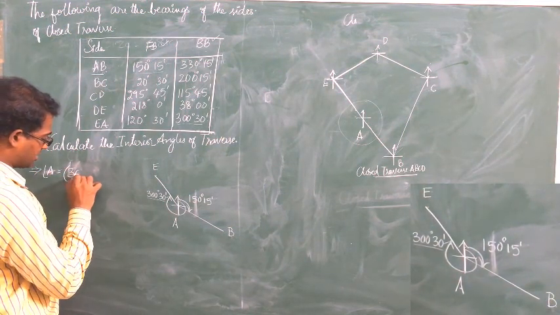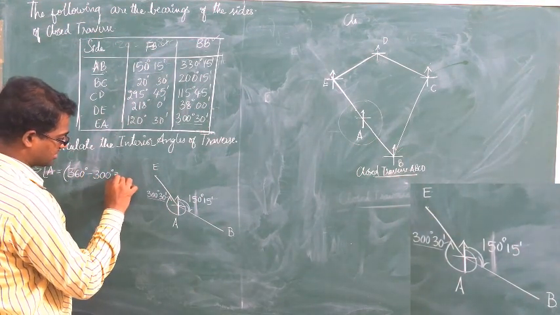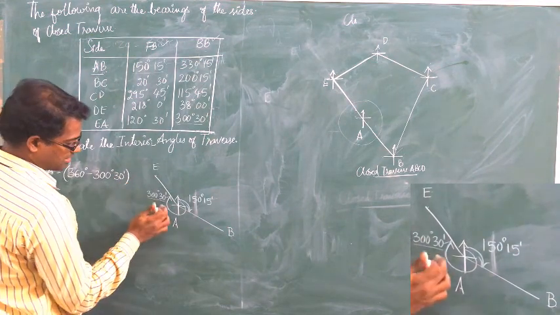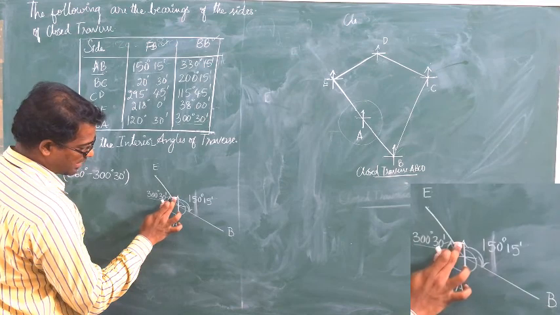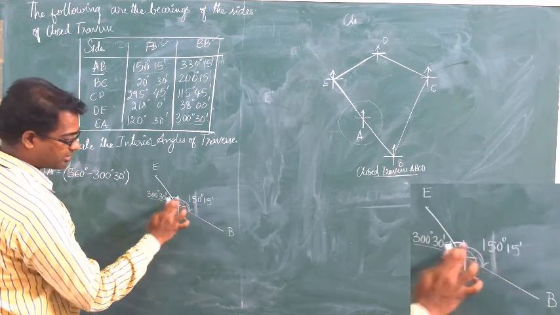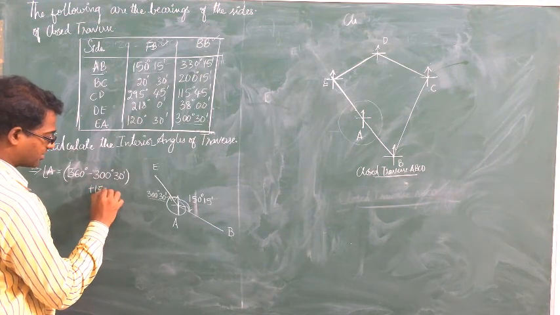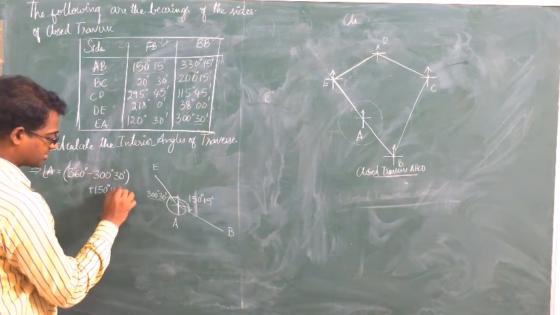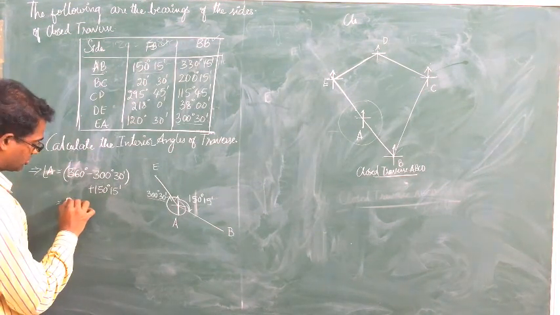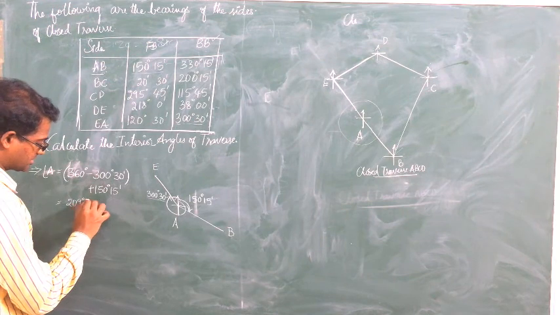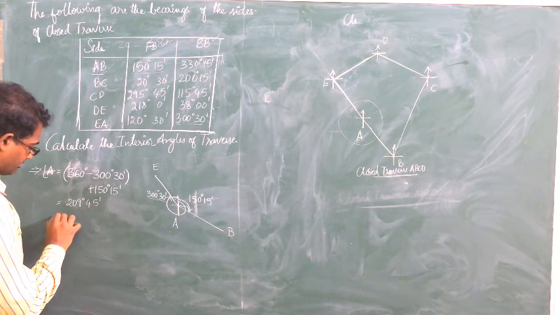Out of 360 degrees, I am removing 300 degrees 30 minutes. So the balance is this portion. And if I add this balance to 150 degrees 15 minutes, then I get angle A. So what is this answer? You will get this answer as 209 degrees 45 minutes. Now let us calculate angle B.